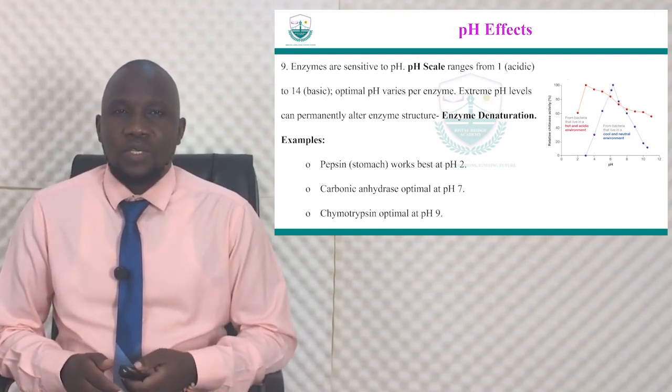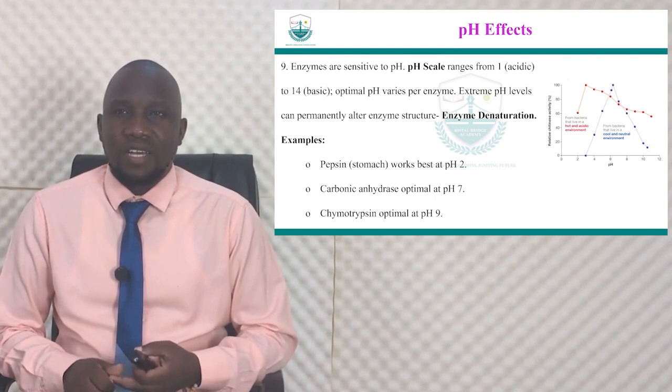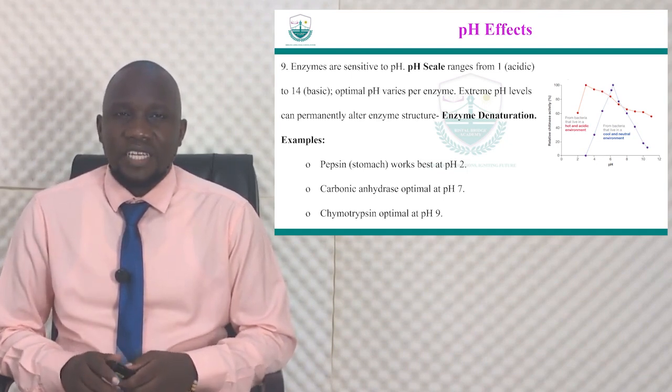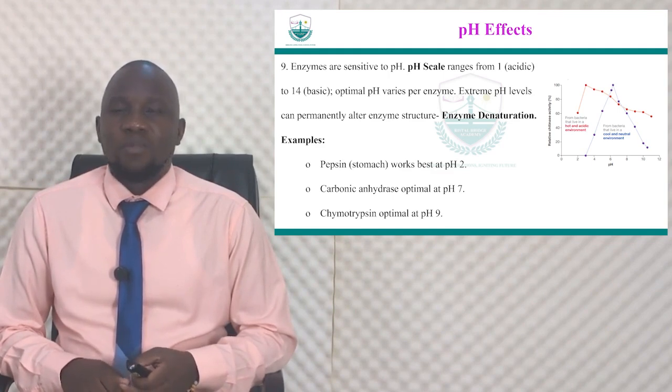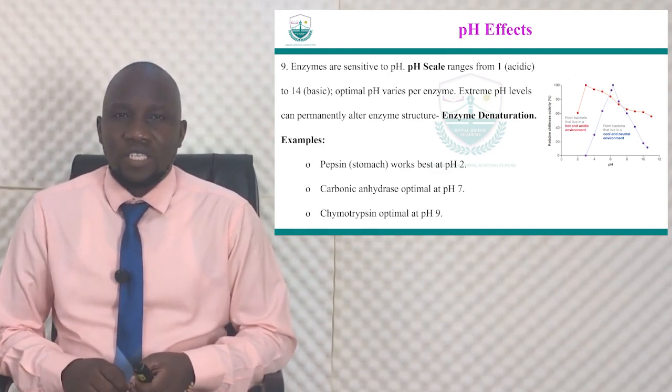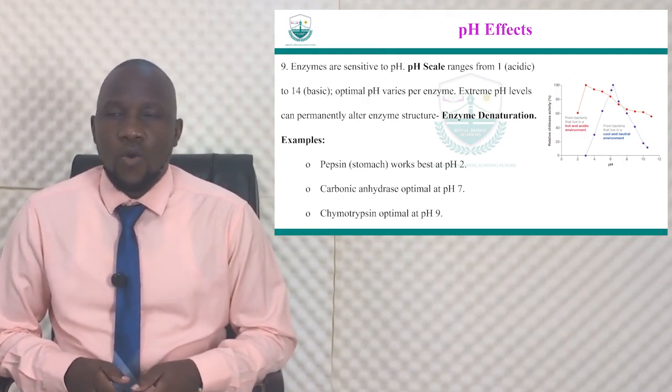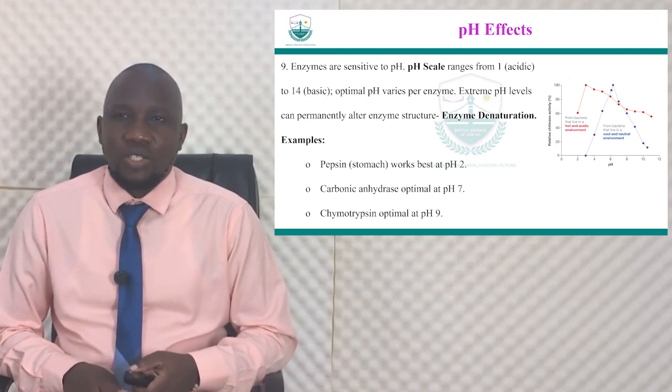Like what we see on our graph again, pepsin works best at a pH of around 2, which is very, very acidic, and then carbonic anhydrase works optimally around pH 7, which is basically neutral, and then we have chymotrypsin working best at around pH 9.